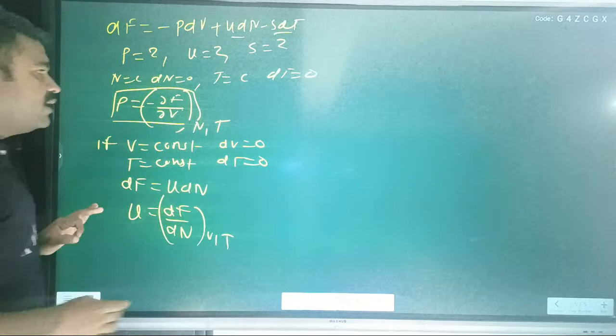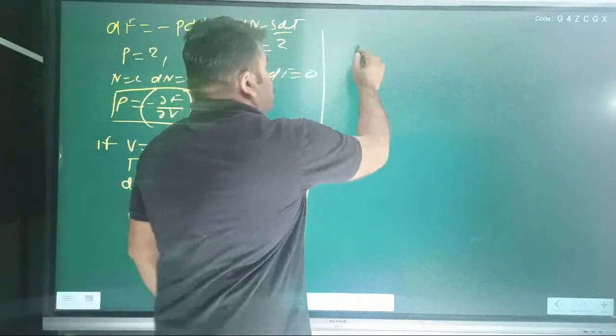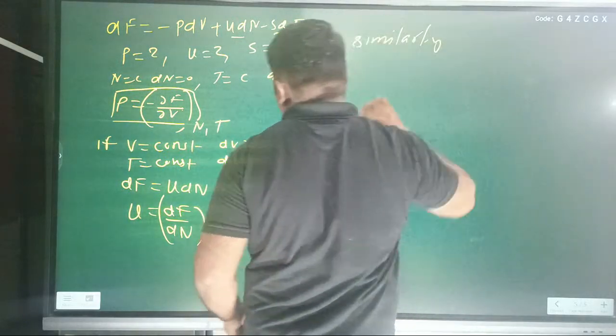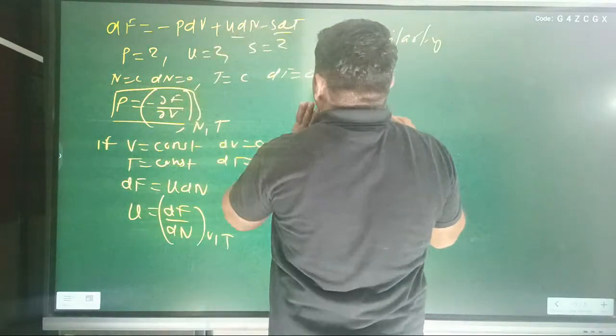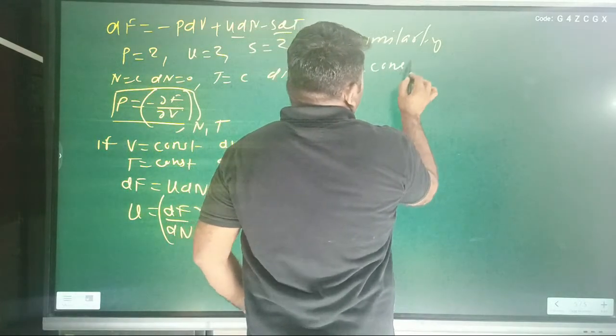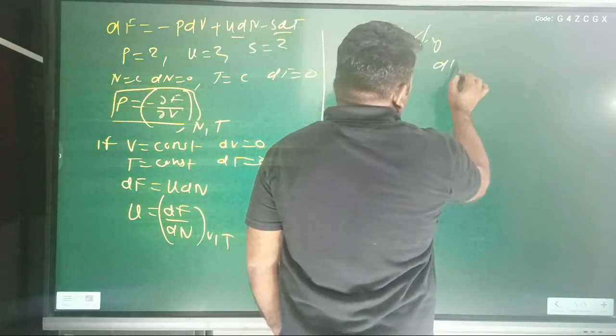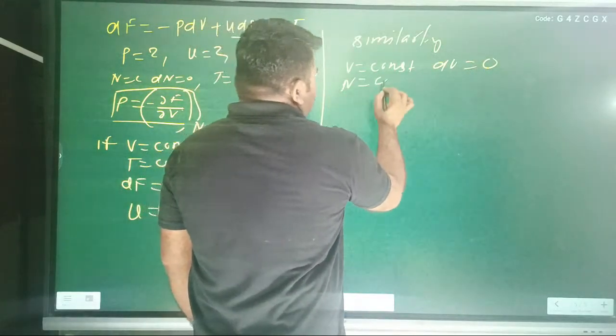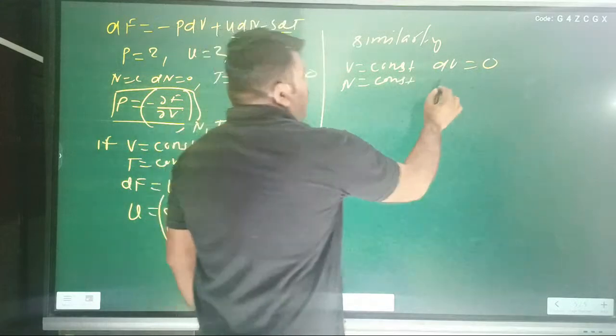Similarly, for entropy also, we consider volume constant, dV equal to 0. Second, the number of particles N is constant, dN equal to 0.